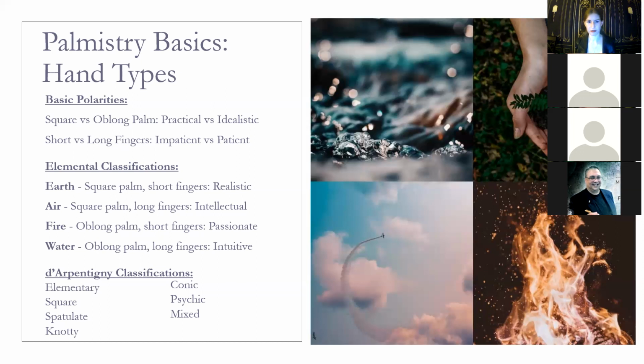They enjoy some degree of competition. Generally, they're most associated with the idea of being an intellectual air hand. Fire hands have the oblong palms and the short fingers, so they might be more impatient. They're passionate, they need variety, they are energetic, they are creative, and they enjoy leading. They definitely need the variety, that's for sure.